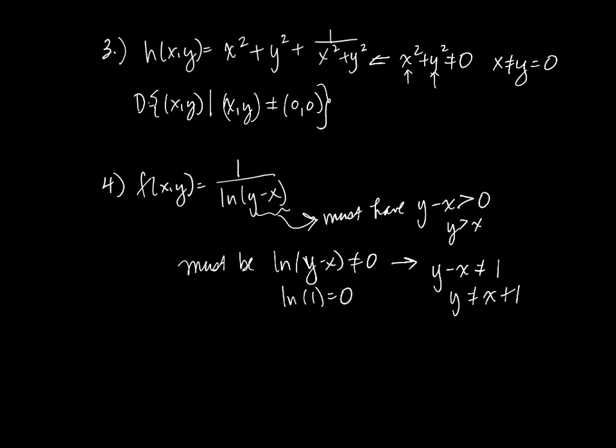So not only do we have to have that y is greater than x, but y also cannot be equal to x plus 1. So that's how we'll write our domain. The domain is the set of all points x, y such that y is greater than x and y cannot be equal to x plus 1. That's one way to do that.